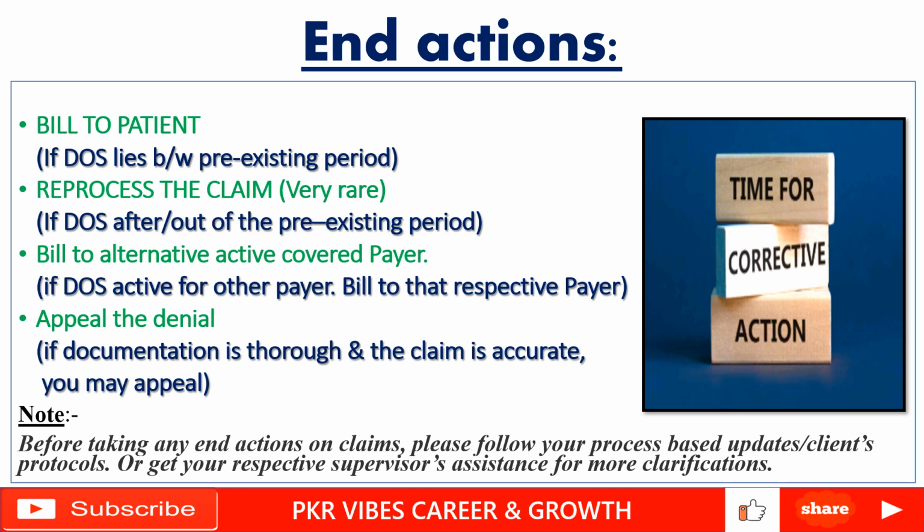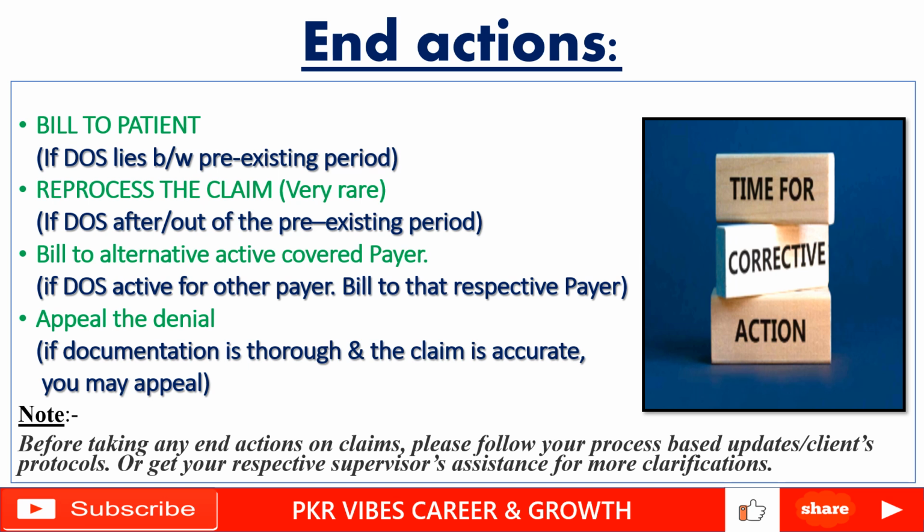That document, whatever we have, we should attach to the cover letter of the particular appeal form, and submit it along with the necessary documents to the insurance to prove the necessity of those medical records, so that insurance will review and give the payments if the conditions are valid. Definitely we will get the payments on that particular appeal.